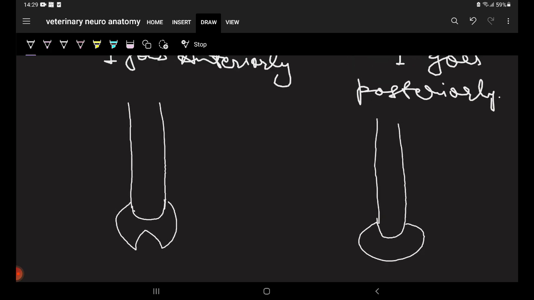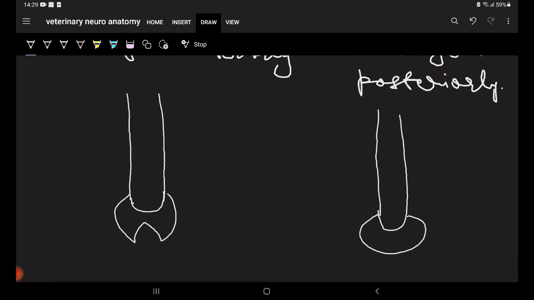Especially the digit region. We are talking about the ulnar nerve. So see, the ulnar nerve comes like this. This is the ulnar nerve. Then it passes the carpal region. Suppose it passes just past the carpal and detaches into two branches. This is the digital region, this is one branch, and this is the second branch, which I will be drawing here.